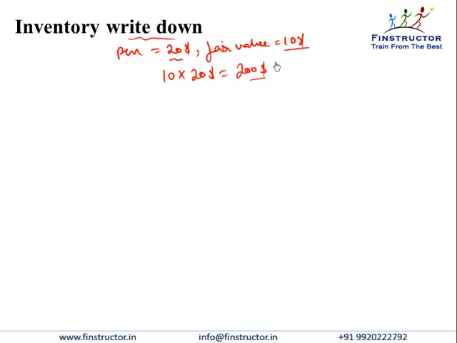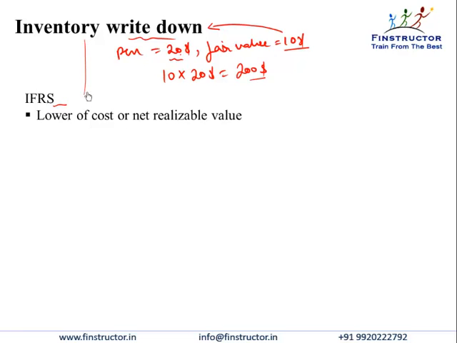In cases like these, it is prudent to take an inventory write down, that is, recognize an upfront loss and write down the value of the inventory from $20 to $10. So let's see what the accounting guidelines exactly say about this. According to IFRS, inventory must be carried at lower of cost or net realizable value.